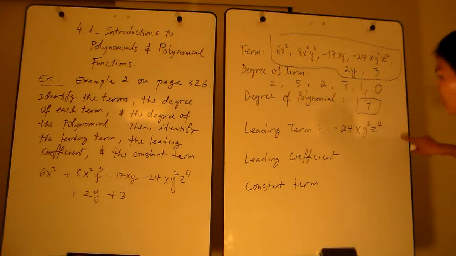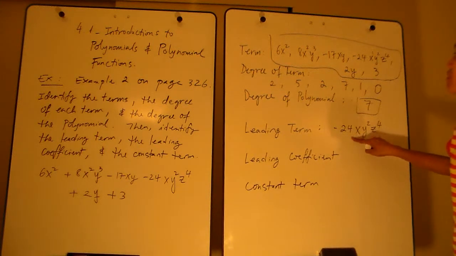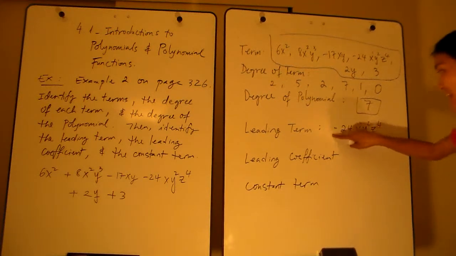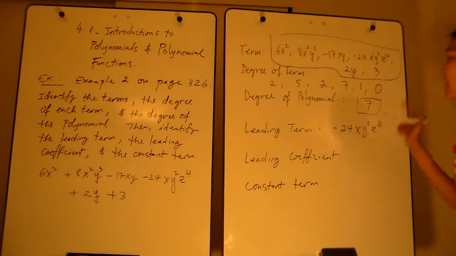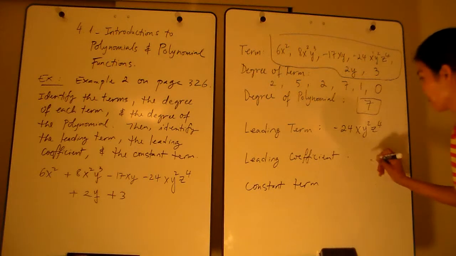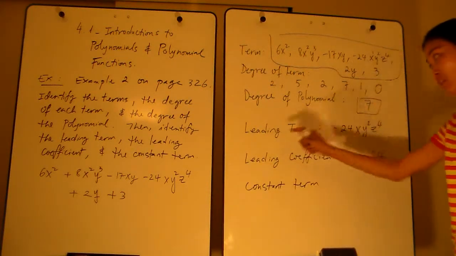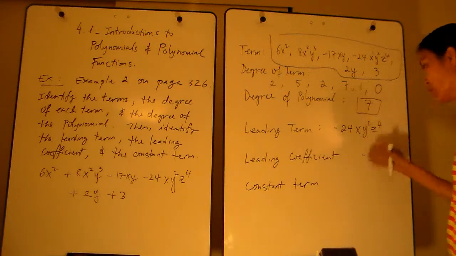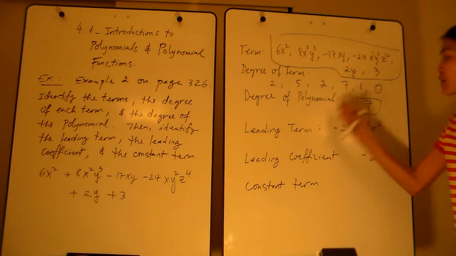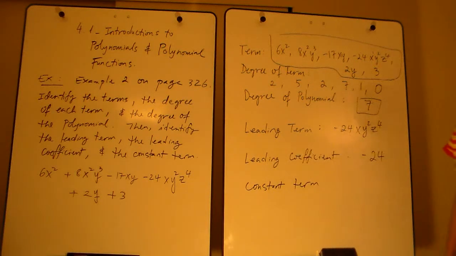For this leading term, that is negative 24. So negative 24 is the leading coefficient.